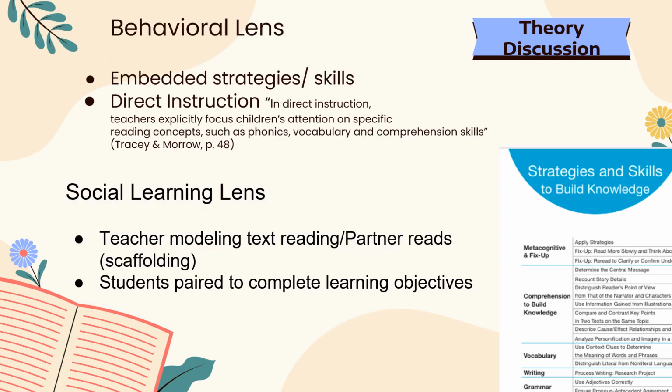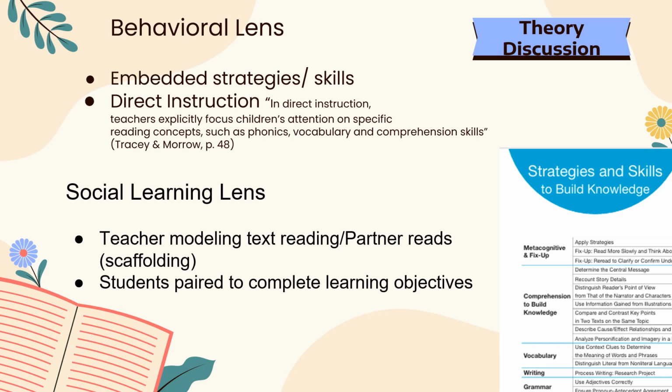Also, we noticed how this program is grounded in a behavioral lens that talks about how reading development is broken down into a series of observable skills. And just like we mentioned before, phonics instruction and vocabulary building are big parts of this program. Also, there's the idea of direct instruction, which talks about how it's the teacher's job to teach strategies so that students can obtain these skills that they need to develop as readers.